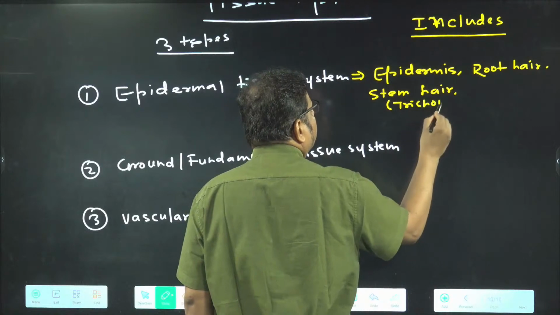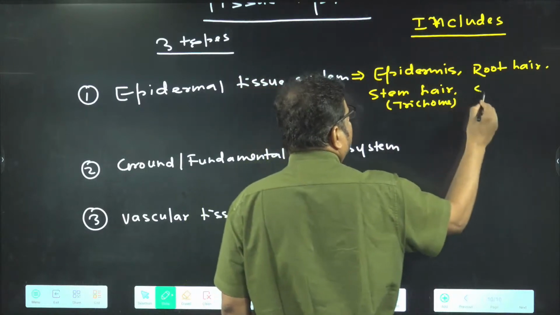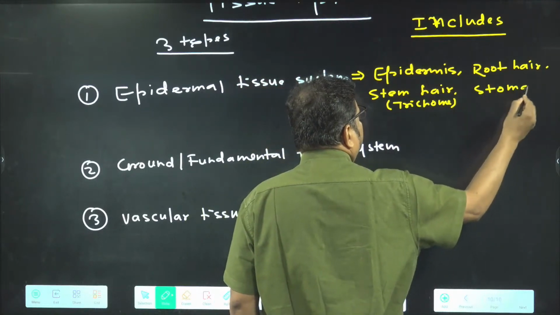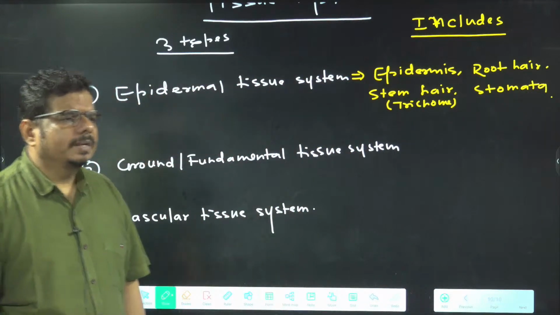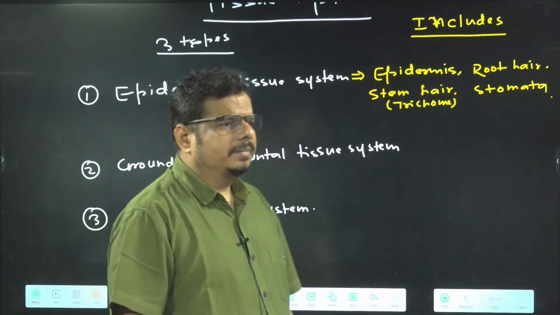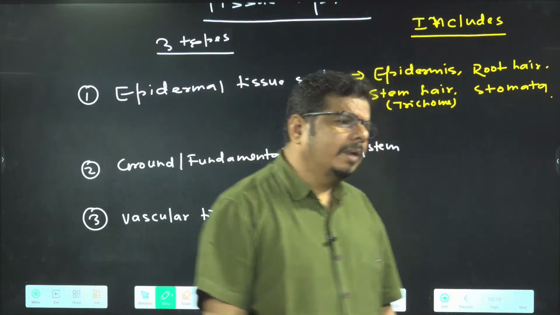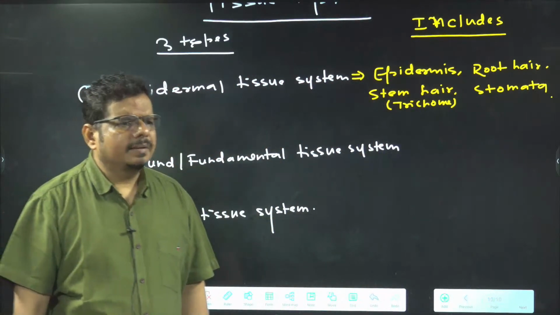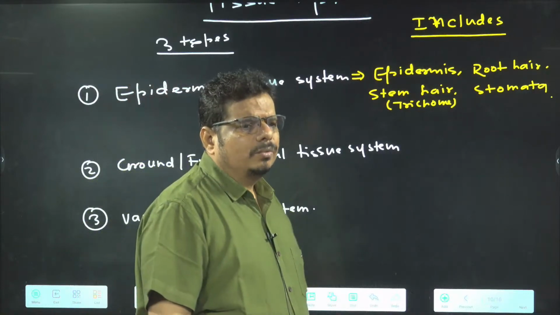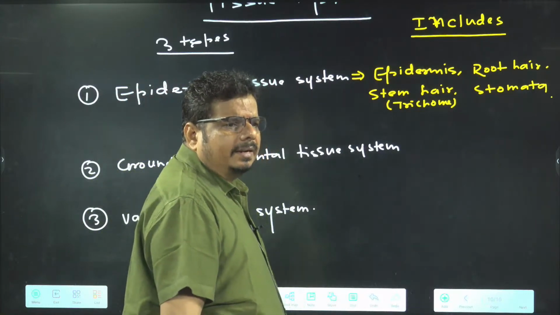Trichome, and stomata. These all are the part of which tissue system? Epidermal tissue system. So in epidermal tissue system, how many components are coming? Epidermis, root hair, stem hair, and which one? Stomata is coming. Getting the things or not?